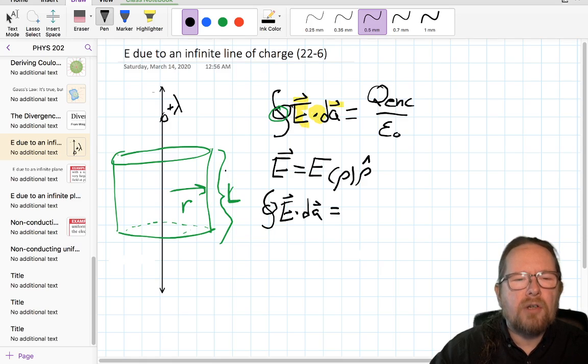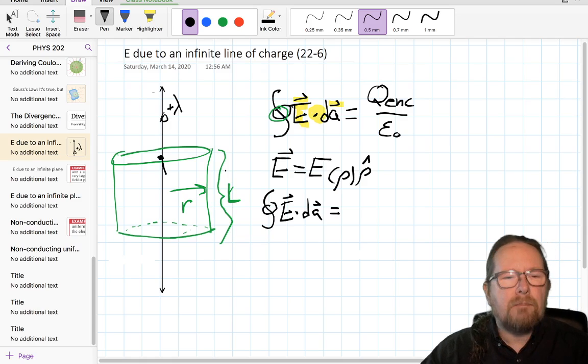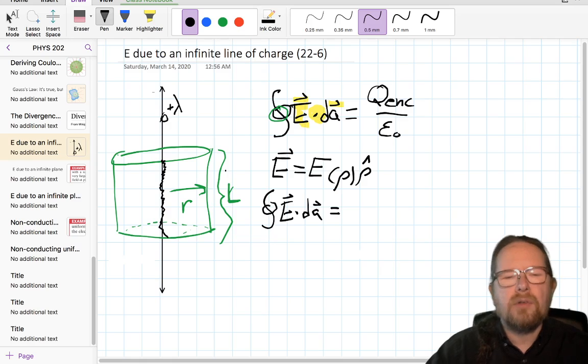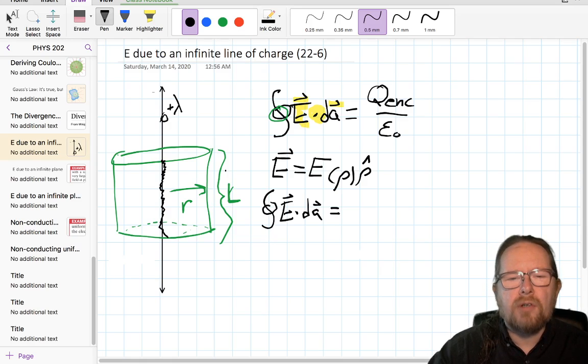How much charge is enclosed by our cylinder? It's just the amount of charge on the part of the line that's inside our cylinder. So the enclosed charge is equal to lambda, the charge density, times L, the height of our cylinder, divided by epsilon 0.